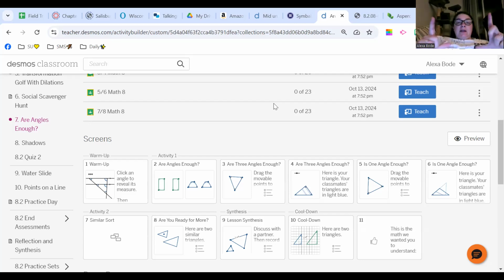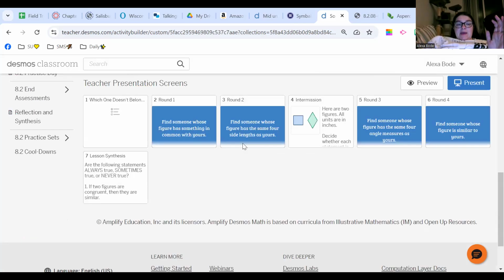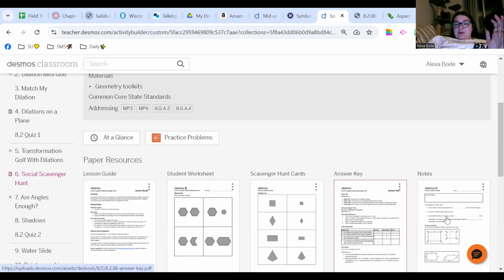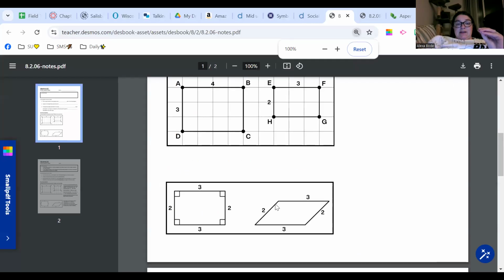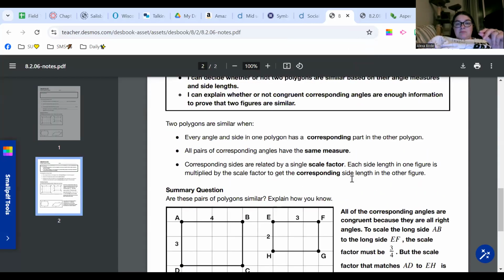We learned that in order to tell whether a polygon is similar, the angles will always, always, always be the same. The other thing you had to pay attention to was the side length. So here are those notes from Friday.